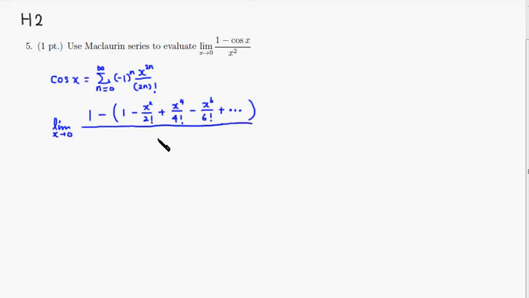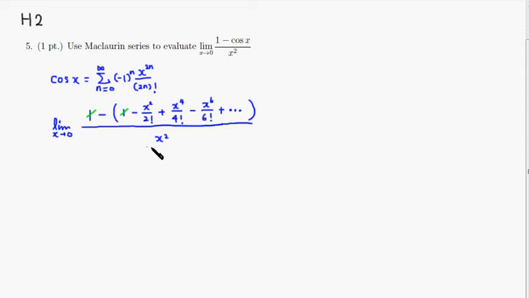And then you have x squared. Then we can cancel as many terms as we can. Here's 1 minus 1, so you can cancel that.